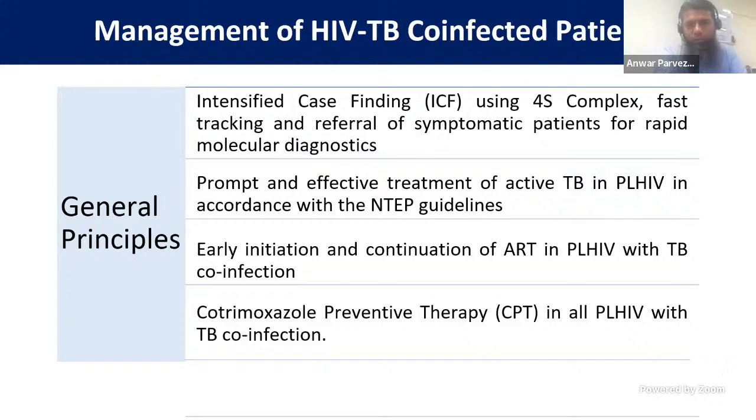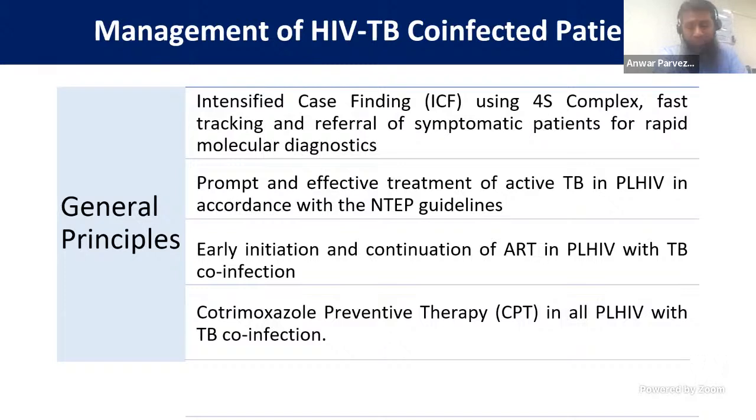And if they are found to be symptomatic or positive for any of the symptoms from this complex, then we send them for investigations to diagnose if they have any active TB disease.